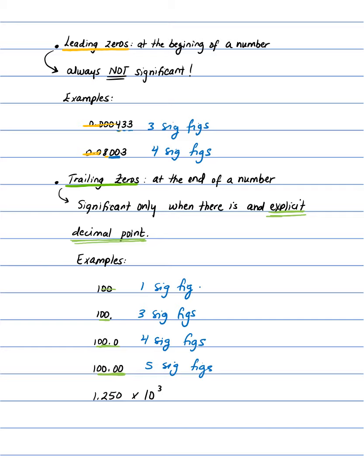Now in that example, you have one trailing zero. You see you have an explicit decimal point, right there between the 1 and the 2. And then at the end, you have a 0. Since you have that 0 with an explicit decimal point, that 0 is significant. And that number has 4 significant figures.